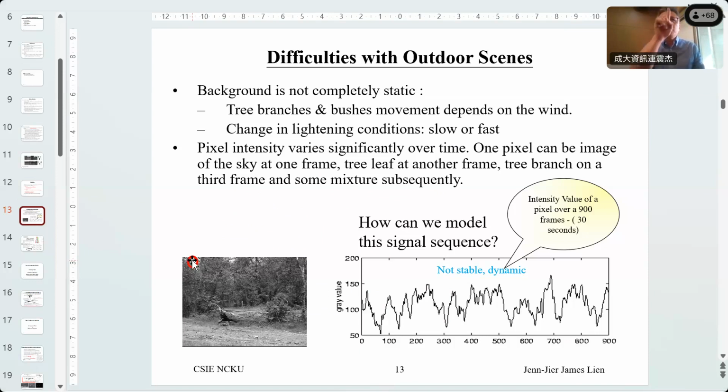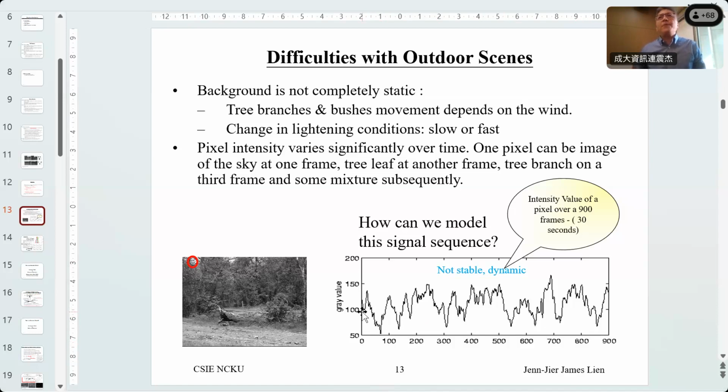Sometimes the leaf will move, so sometimes it will be the background sky. So you will see one pixel here. The change is this, over 900 frames. And this is the gray value for that pixel.